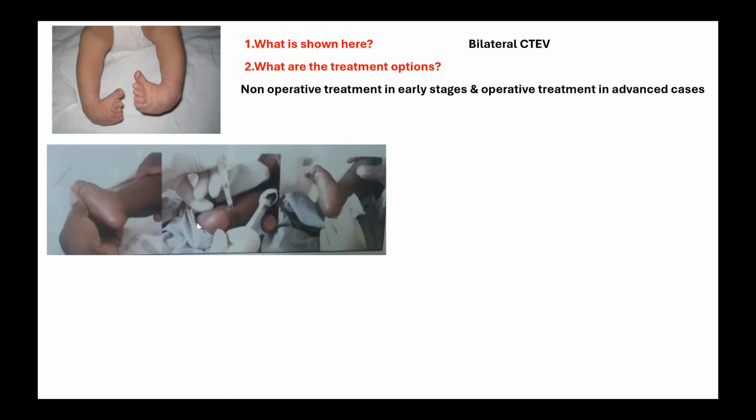What is being shown here? Tendo-Achilles tendon release. This is the closed tendon release. This is a closed tenotomy, a tendon release without a major incision, just using a small 11 blade knife to cut the tendo-Achilles.